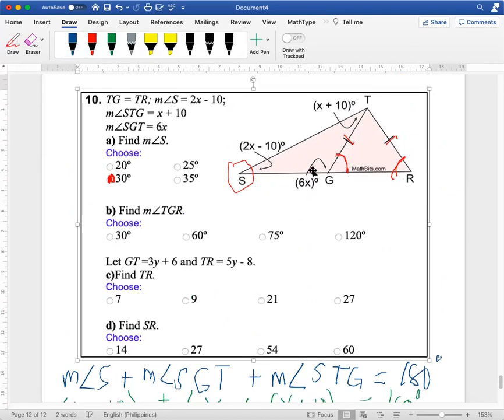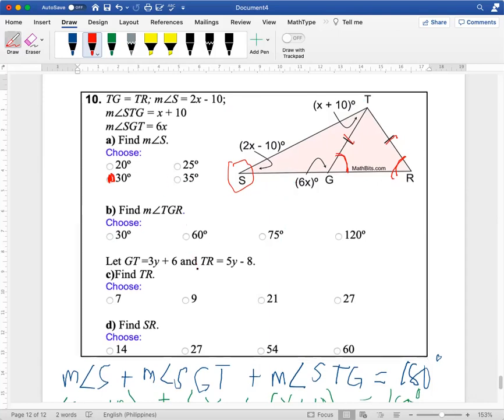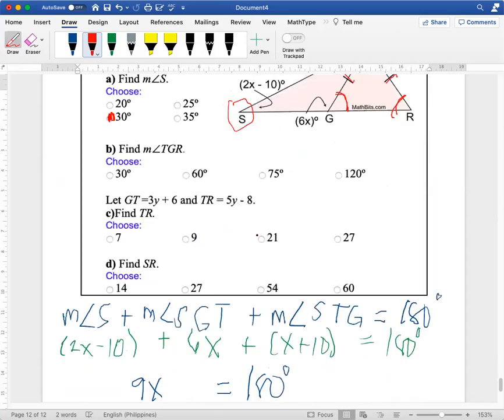Okay. So look at this, guys. We have already found the value of x, and we found out that x is 20 degrees.